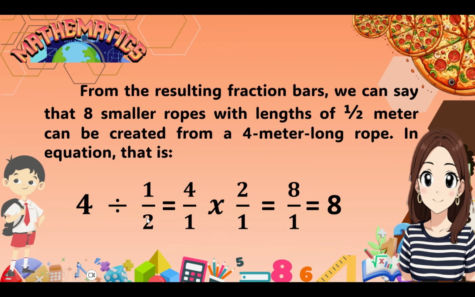And then get the reciprocal of the divisor. Then proceed to multiplication. That is 4 times 2 equals 8 and 1 times 1 equals 1. Improper fraction, divide the numerator by the denominator. 8 divided by 1 equals 8.